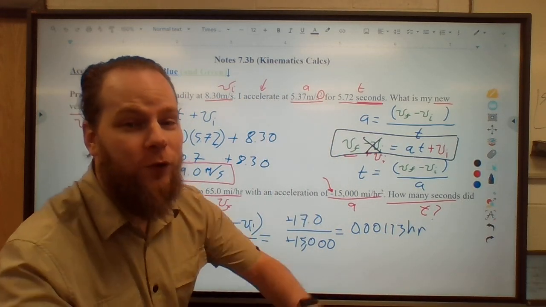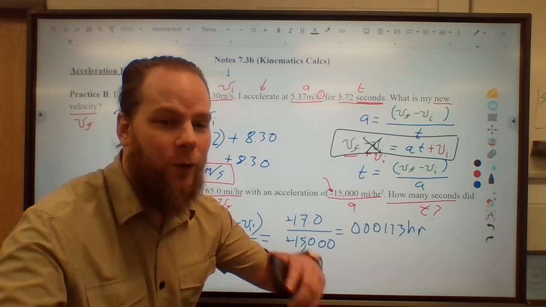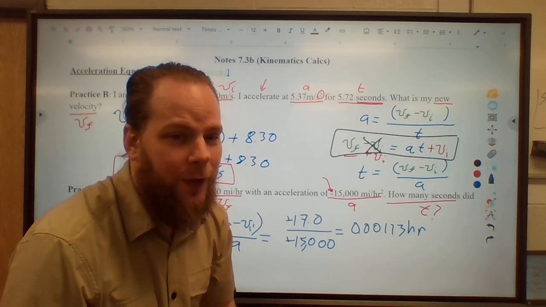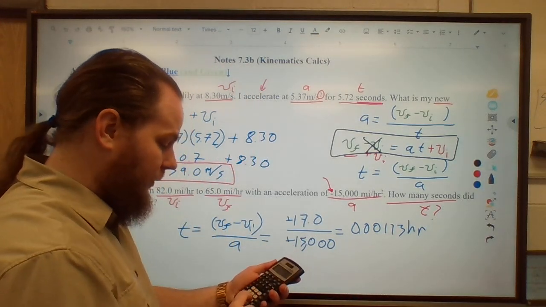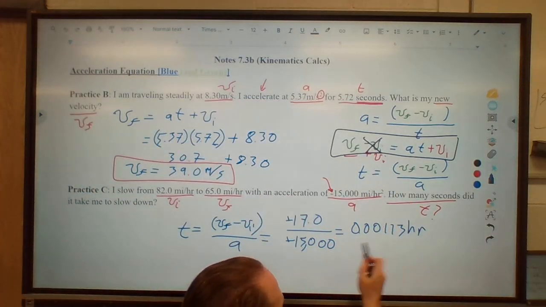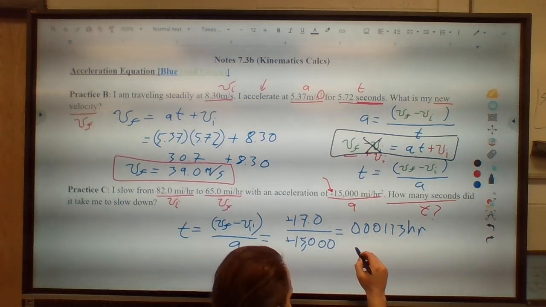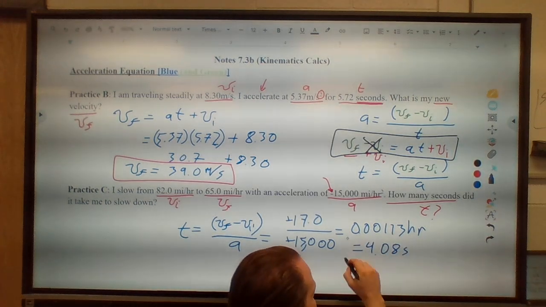It asks for seconds. So you do have to do a little bit of a conversion here. But those of you who have been paying attention know that all you have to do here is multiply by 3,600. So times 3600. That means that that number in hours is going to be 4.08 seconds.